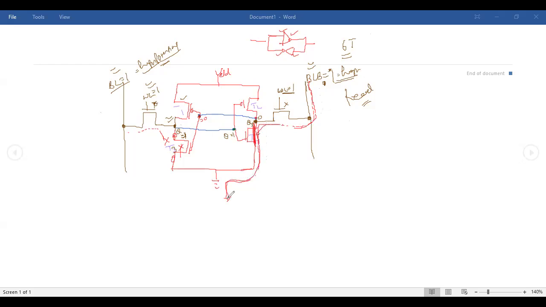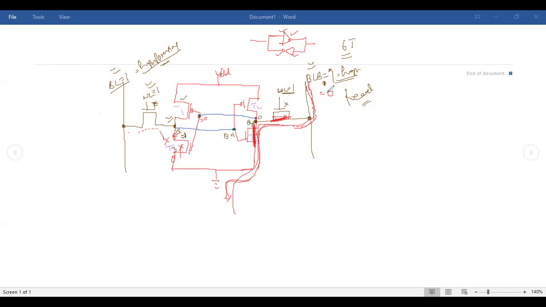I told you many times that whenever an NMOS is on, when there is high potential on the gate, it behaves as a short circuit. So this becomes a short circuit because WL is equal to 1. Your high potential passes through this, and your BLB actually comes down to low potential.